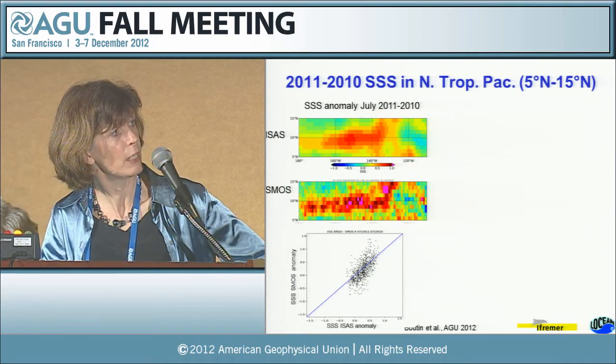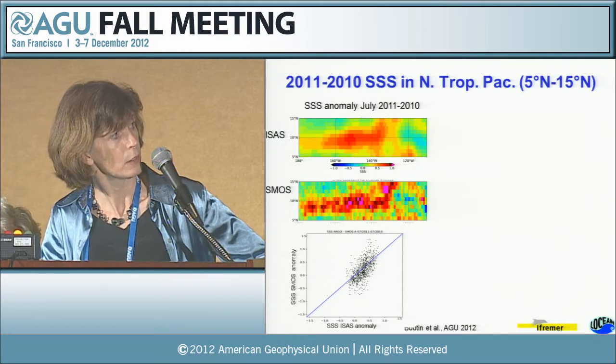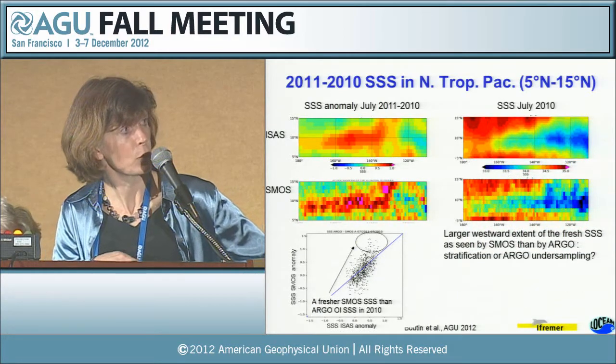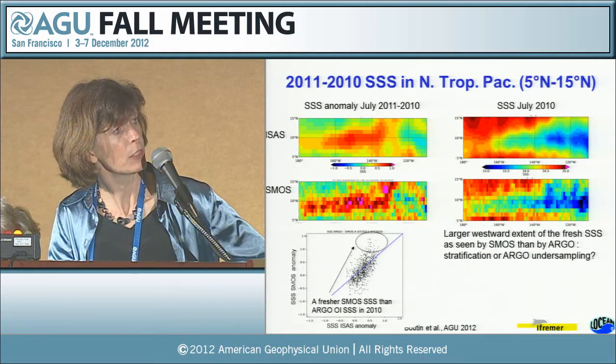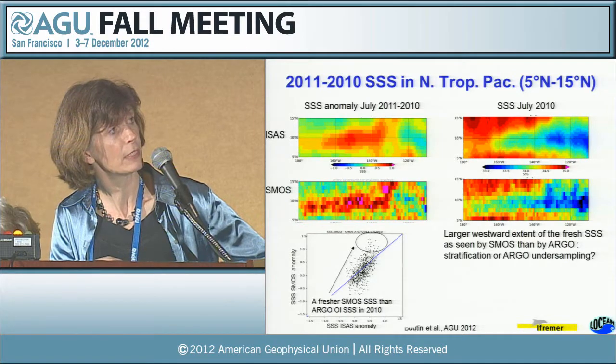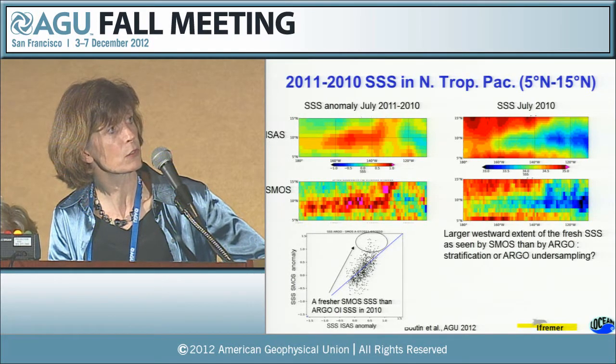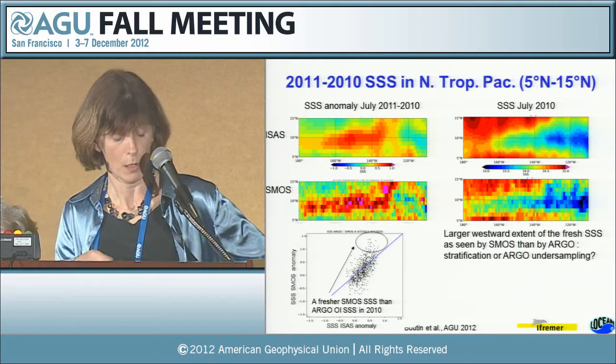And you see very well that the very positive anomalies are more positive for SMOS. And then we look at the reason for that, and the reason is that in 2010, the rainy region appears fresher, and the extent of the fresher region as seen on SMOS extends further west than seen on ISAS data.